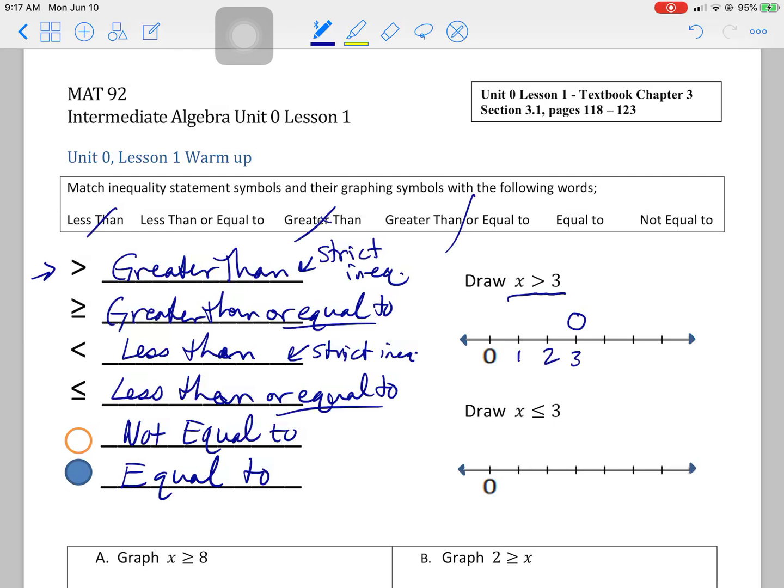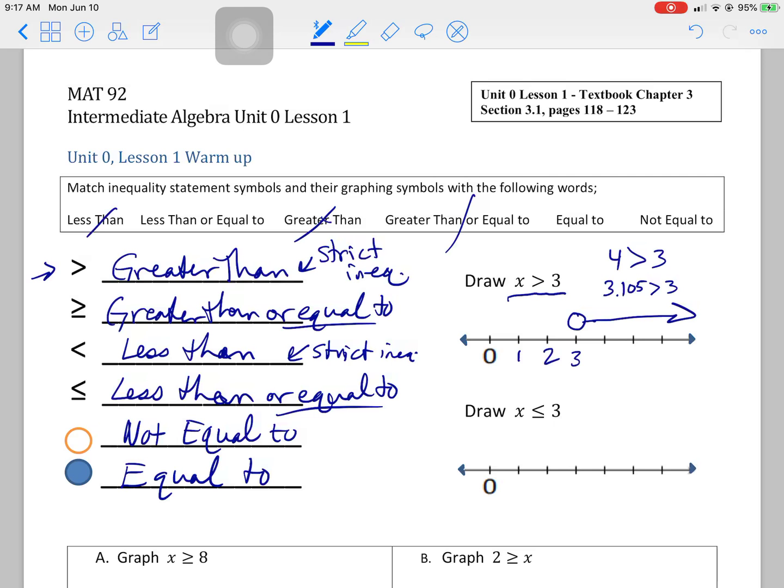But it has to be greater than 3. All right? So x could be 4, which is greater than 3. 3.1205, whatever, is greater than 3. Okay? As long as it doesn't equal 3. That's a strict inequality. It has to be greater than. Okay, and it's an open circle because it's not equal to 3.